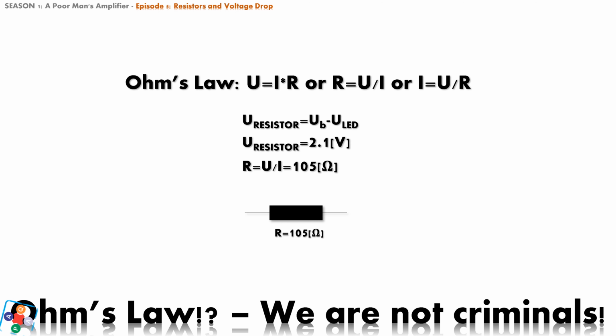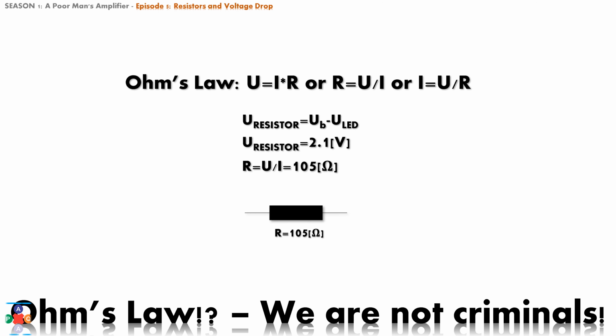And the third way of expressing Ohm's law says that current is directly proportional to voltage and inversely proportional to the resistance. Now, using second expression of Ohm's law, we can calculate that resistance of resistor required for our circuit is 105 ohms.